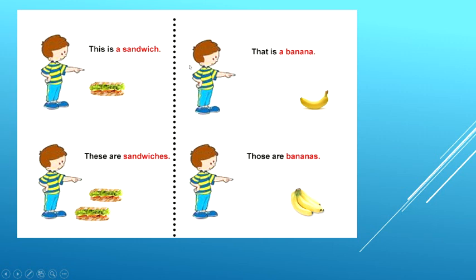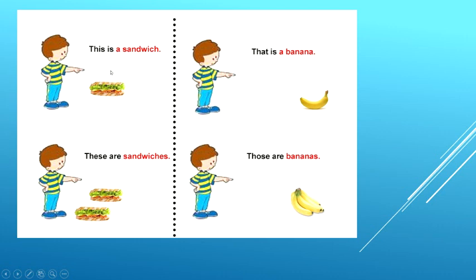Now let us see some more illustrations to highlight the use of demonstrative pronouns. In this picture, you can see that a boy is pointing at a sandwich. Now, since sandwich is singular in number and it is placed near the speaker, the demonstrative pronoun this is used.